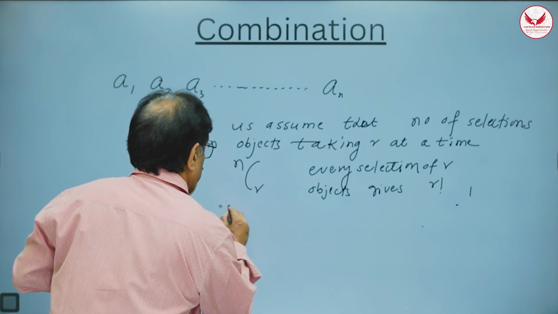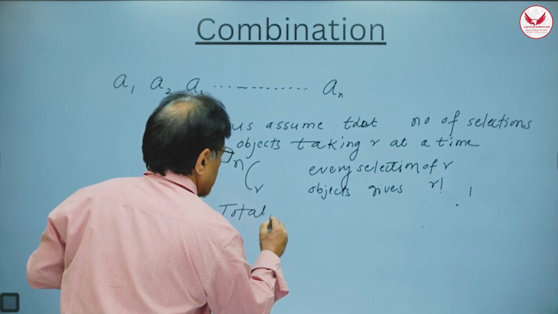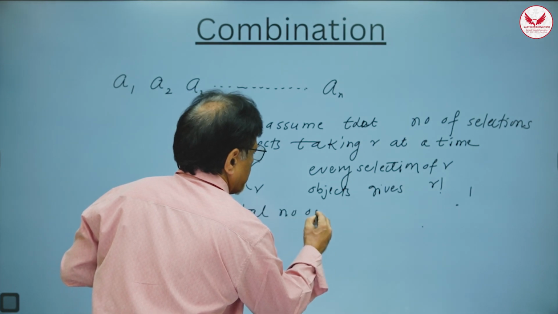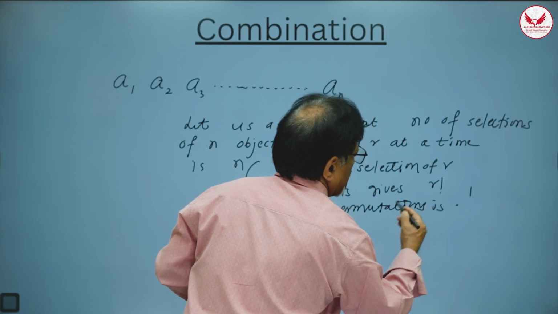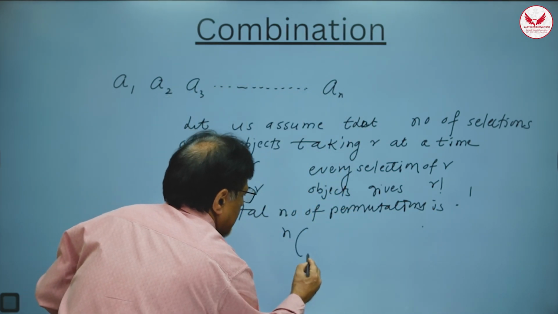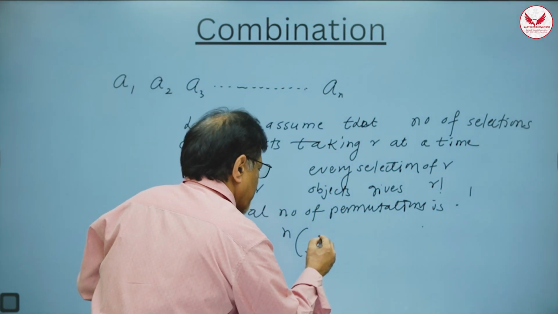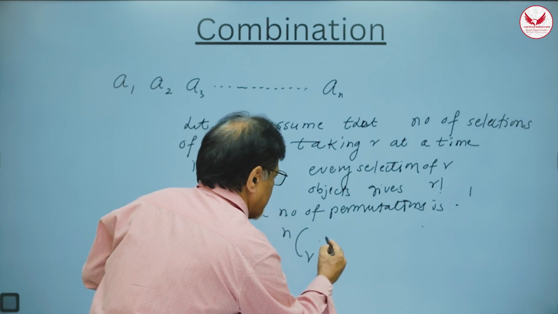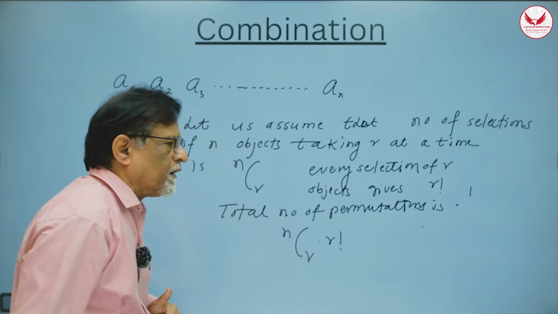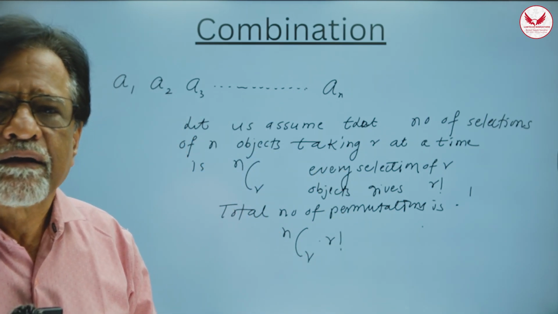So the total number of permutations is obviously equal to what? Every selection gives me r factorial permutations, and there are nCr selections. The total number of permutations is r factorial into nCr. Correct?